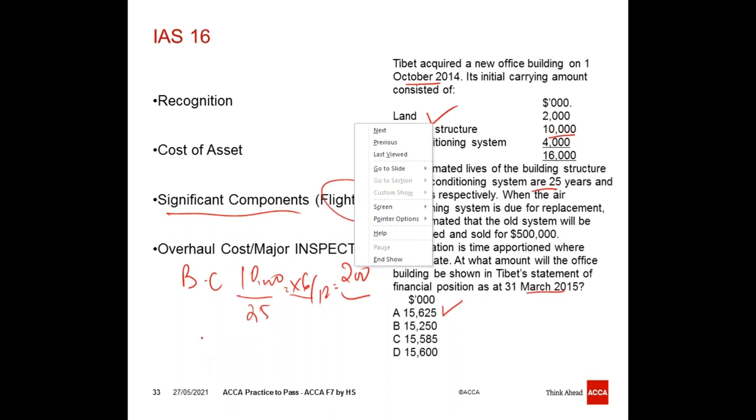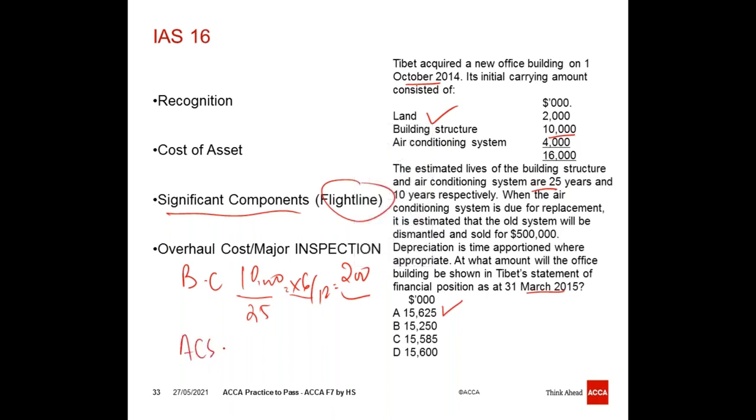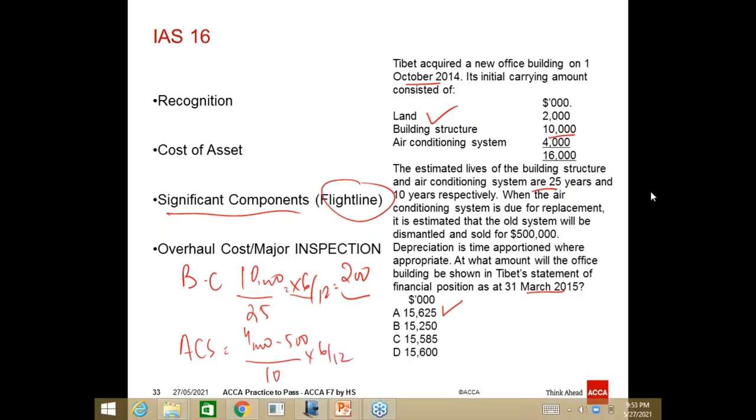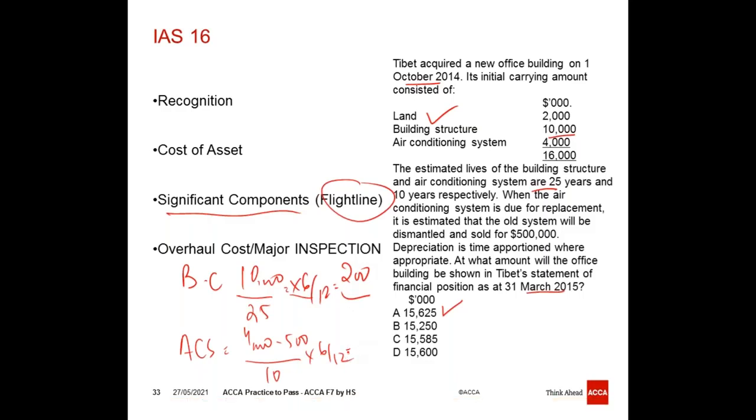But for the air conditioning system, 4,000 is the cost, less 500 scrap value, divided by useful life of 10 years, into 6 upon 12. What will be the depreciation of the air conditioning system? It should be 175.